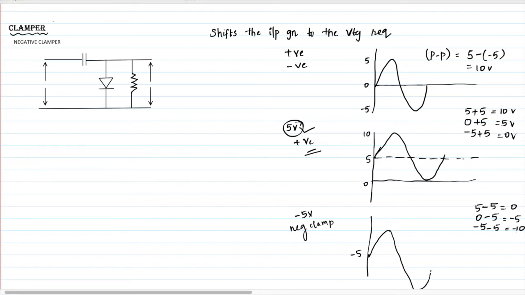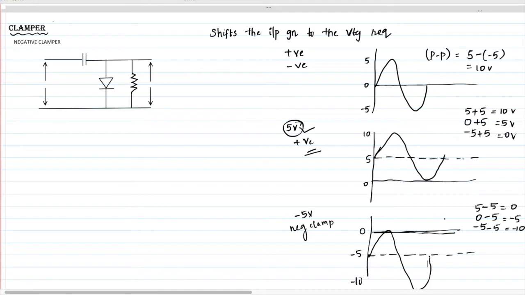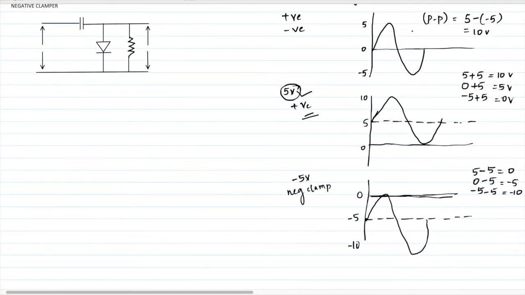So this is the DC level for the given input signal, and new DC level is minus 5. So this is the given input signal. Here the signal is shifted upwards 5 volt. Here signal is shifted minus 5 volt downwards. So this is the positive clamper and this is the negative clamper.